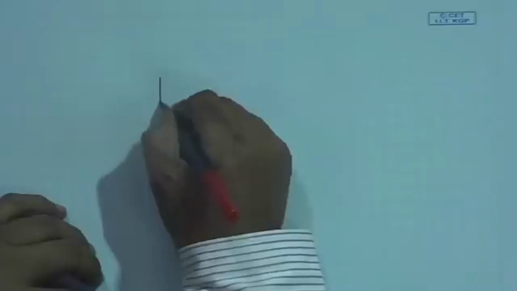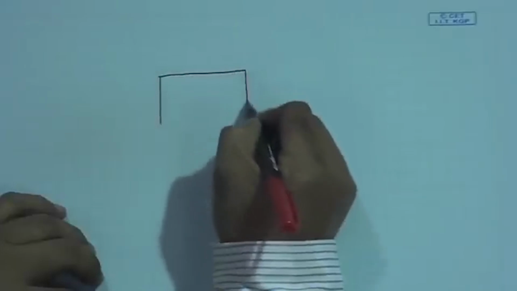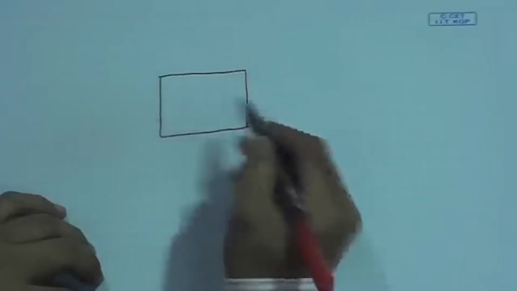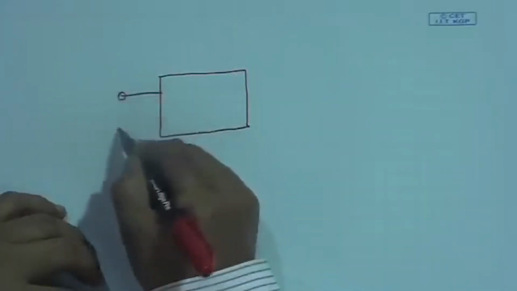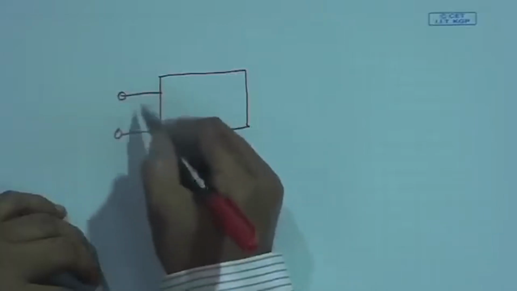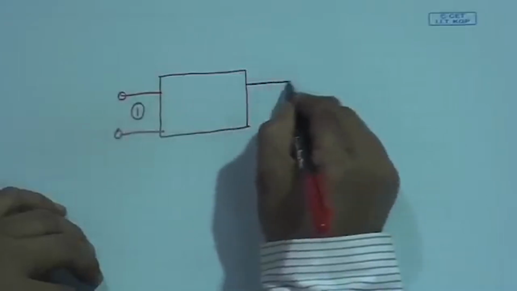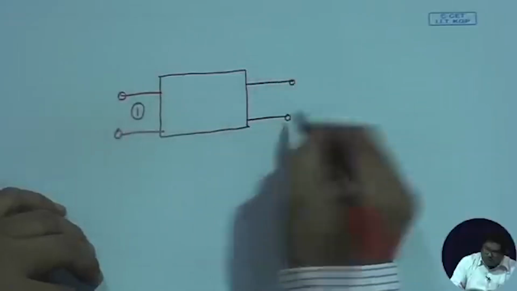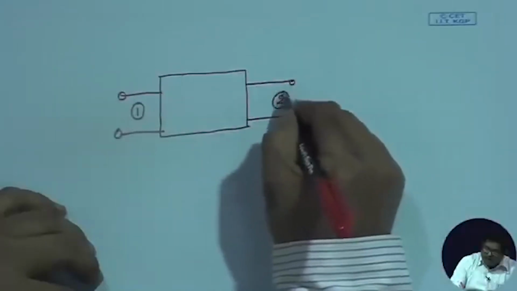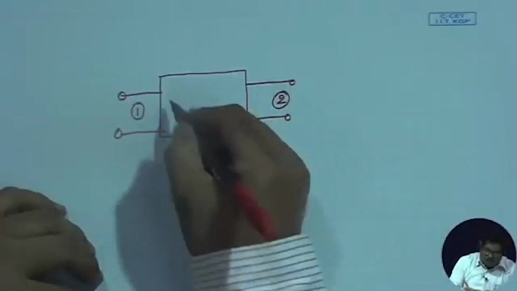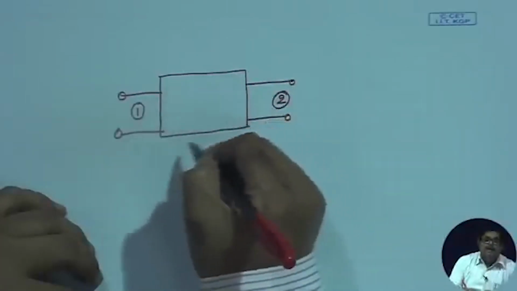Now, we will introduce image impedance a bit later, but I start with a two-port reciprocal network. You know that a port has two terminals. So, let us say this is my port 1, this is my port 2, another two terminals. I have some electronic network here.